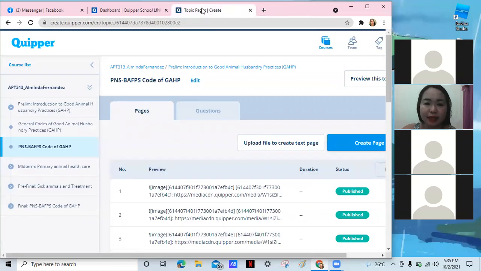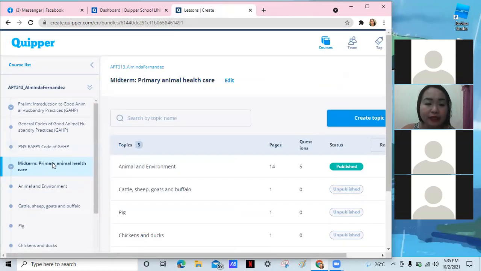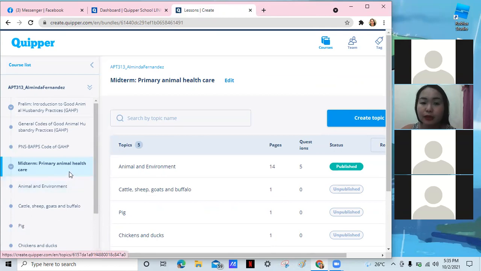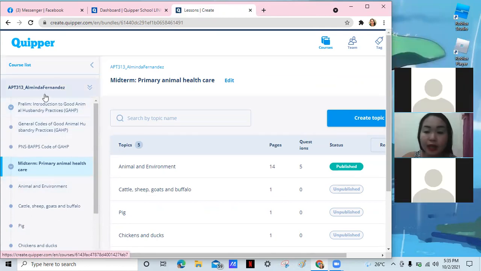Next time, for the next topic, we're going to be under midterm on primary animal health care. So by the way, we will be starting with animal health and sanitation, and also followed by that, 313 and 314 is dairy, I guess.